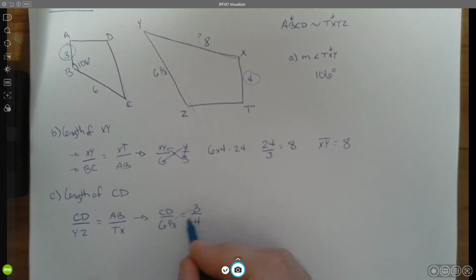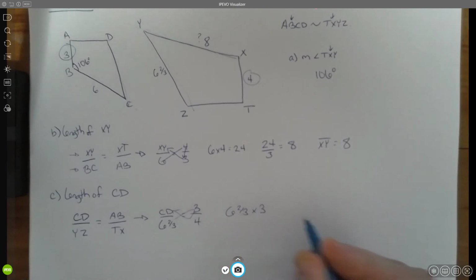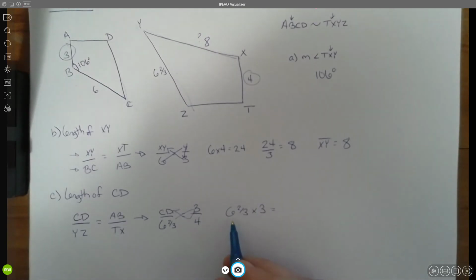Just like before, we're going to do our little fishy method here. We're going to multiply and then divide in order to figure out what's missing. So we're going to start off with 6 2/3 times 3. Again, you could have rounded that to 6.6 or 6.7 and then multiplied that by 3. I'm going to keep that as a fraction just because it actually gives us a nice whole answer.